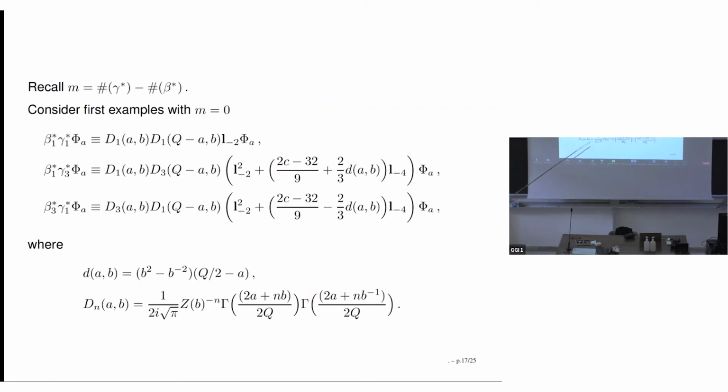Everything is gamma functions. That is on level 2. On level 4 I already have two guys, beta 1 gamma 3 and beta 3 gamma 1, and they differ by another constant which changes sign under my reflection q a to q minus a. So they differ by this sign and are given by this formula.